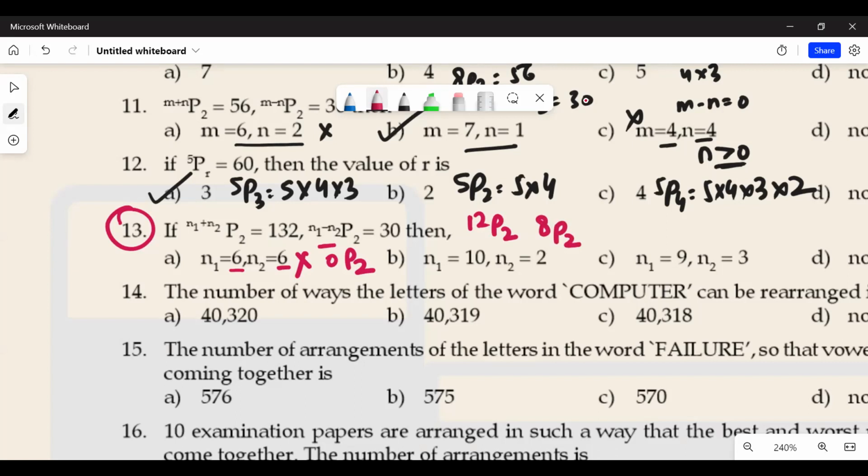This would be 12P2 and 9 minus 3, 6P2. 12P2 is 12 into 11, which is 132. 8P2 means 8 sevens are 56. This cannot be answered. 12P2, 132. 6P2, 6 fives are 30. This is your answer.